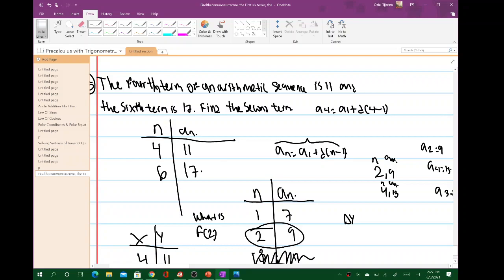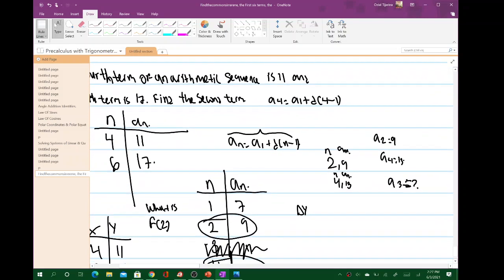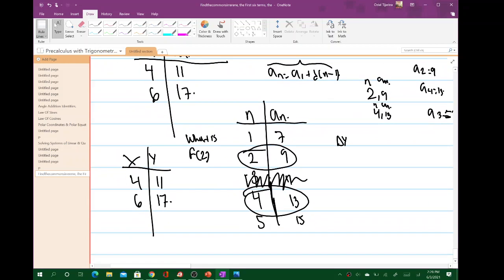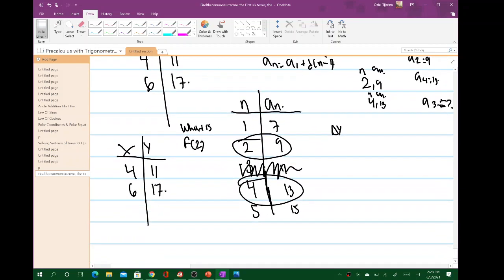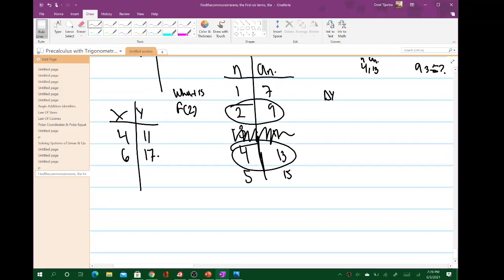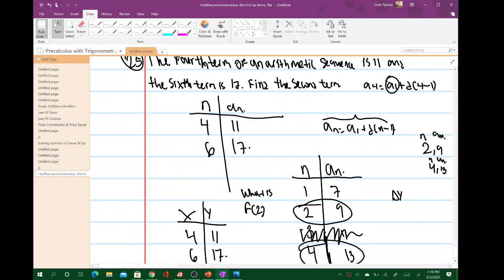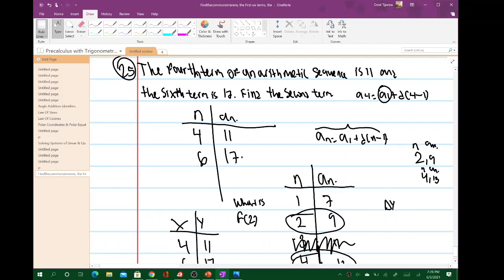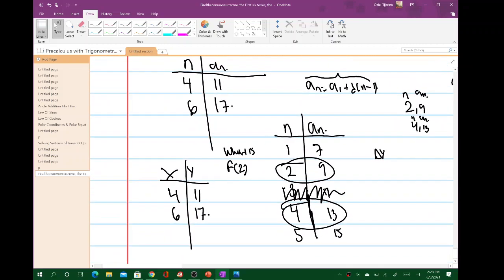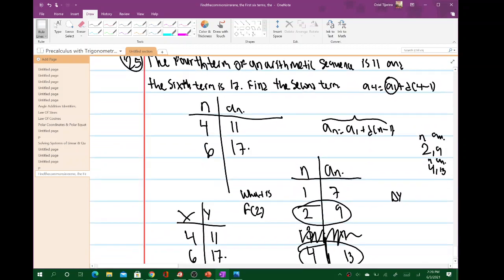That's going to give you two unknowns, because you're not going to know what a sub 1 is, and you're not going to know what d is either. So that's why I'm doing it this way, because it's just going to keep going from 1 to infinity, and they're telling us that the 6th term is 17 and they want us to find the 2nd term.